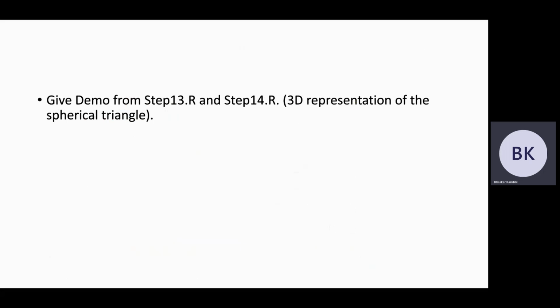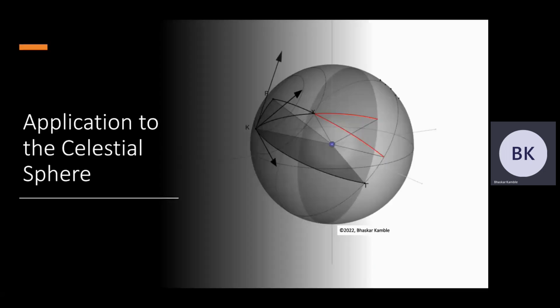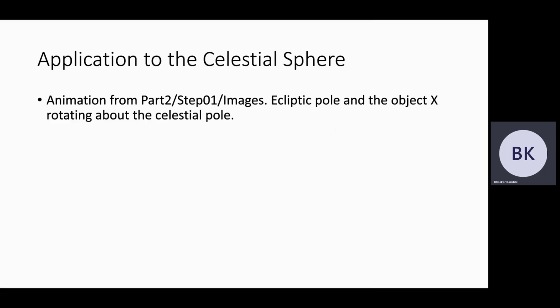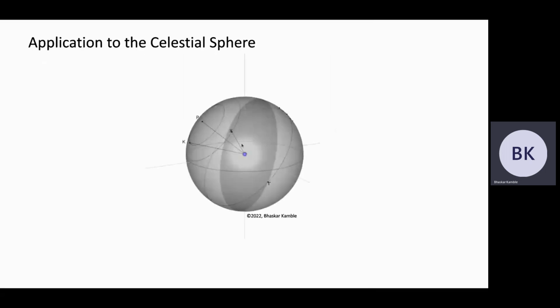Okay, so now we're going to apply this cosine formula to the celestial sphere. What is the celestial sphere? It's a sphere of arbitrary radius with the Earth at the center of the sphere. This blue point is the Earth, and this is the celestial sphere here.